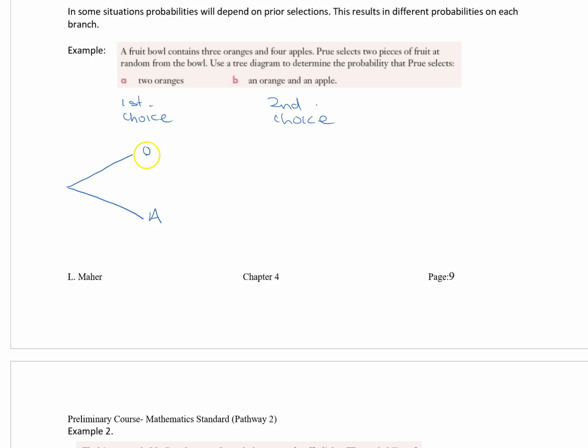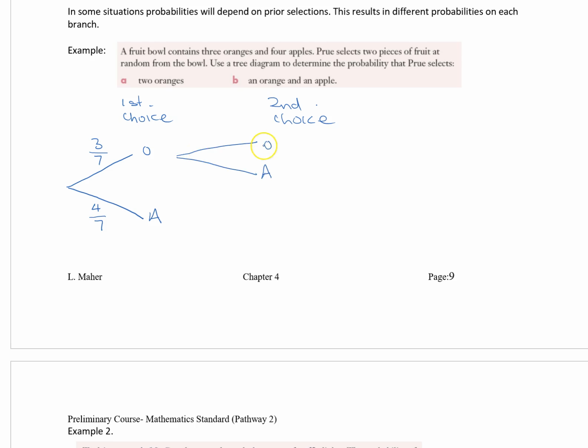Now, like I said, to choose an orange with only 3 pieces of fruit being an orange, the branches are not equal and it has a probability of 3 in 7, and an apple will have probability 4 in 7. The second choice, after an orange has been chosen, is still an orange or an apple.